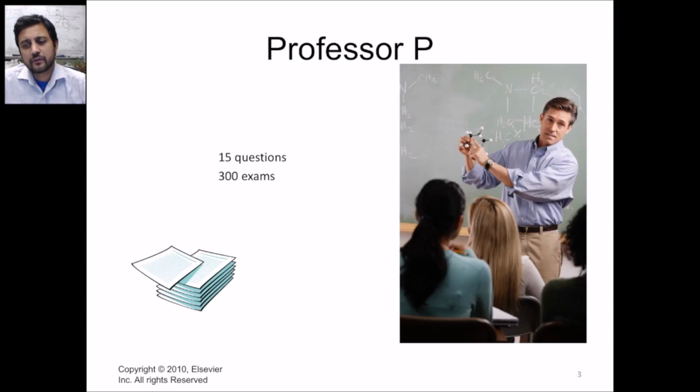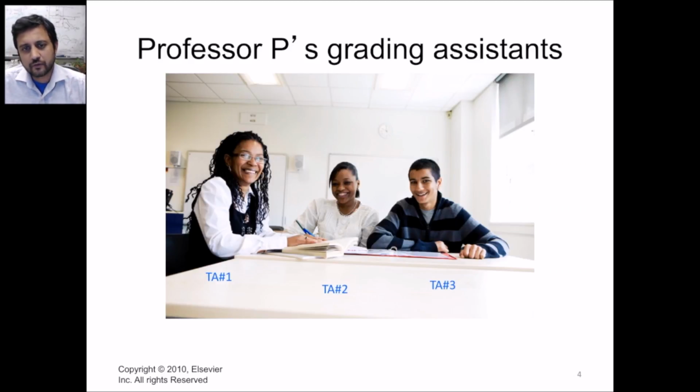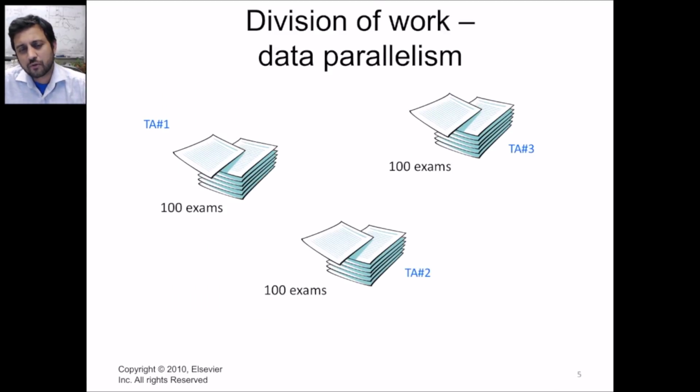There are two ways to possibly break up the task of grading. One way, assuming that we have 3 TAs to help out, is to take the 300 exams and distribute an equal number of exams to each of the 3 TAs. That would be 100 exams per TA.